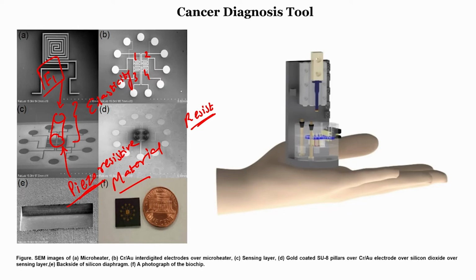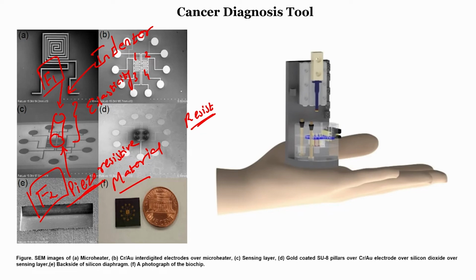The force that I am applying, F1, and the force that reaches the piezoresistor will depend on the elasticity or the stiffness of the material placed between the sensor and the indenter. Indenter is where you apply the force. This is where you can say it is an indenter.